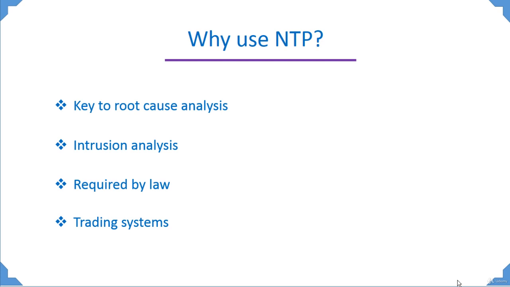If you don't have the time synchronized on the systems that are running these transactions, your transaction or trade could be delayed, and because of that delay, it can cause thousands, probably even millions of dollars worth of loss to a client. So that's why for trading systems it's extremely important to have a Network Time Protocol server in place.